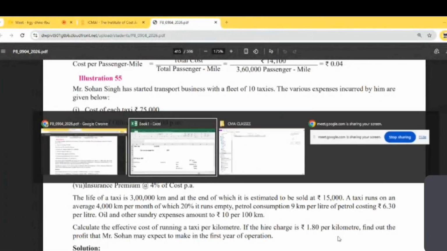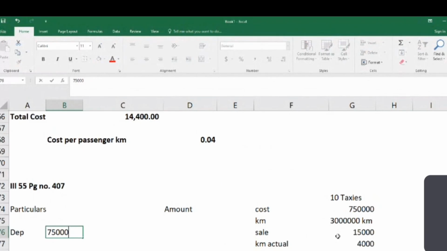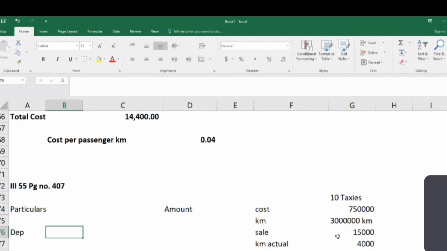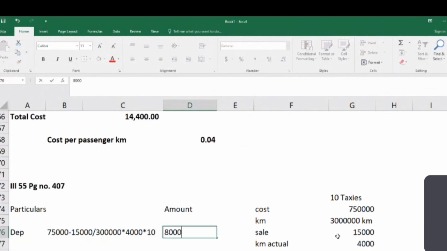What is your depreciation? 75,000 minus sale value 15,000, divided by estimated life of 3 lakh kilometers, but you are running only 4,000 kilometers, into number of taxis, 10 taxis. If you do this, you will get the depreciation amount of 8,000.